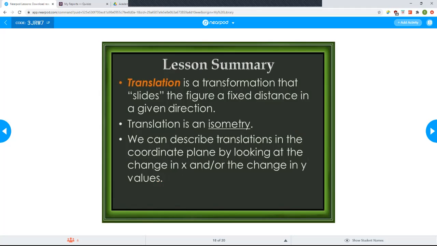Translation is a transformation that slides the figure a fixed distance in a given direction. Translation is an isometry. We can describe translations in the coordinate plane by looking at the change in x and or the change in y. So it can be one or the other. It's usually going to be both.